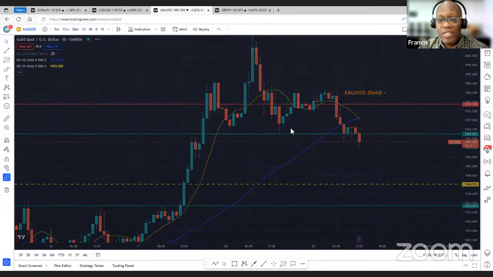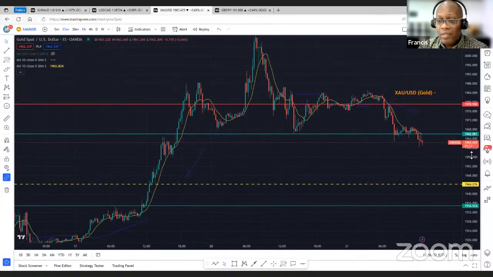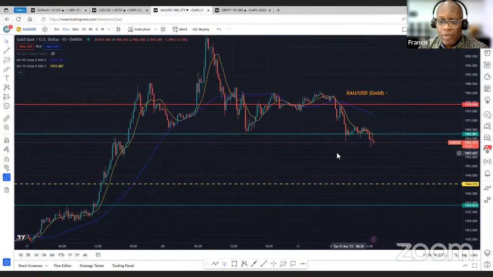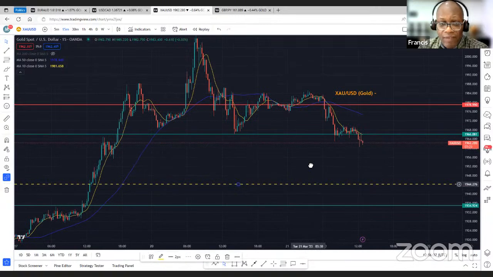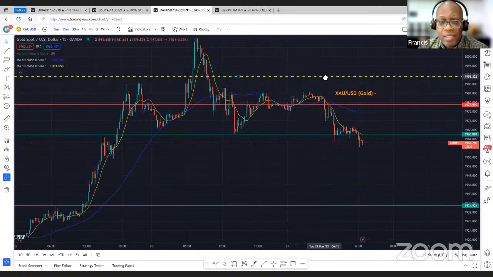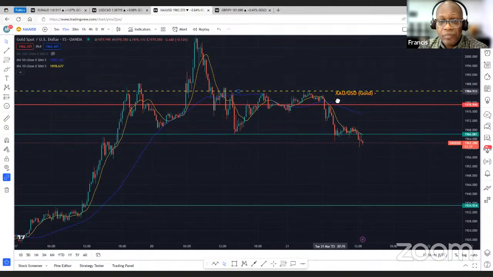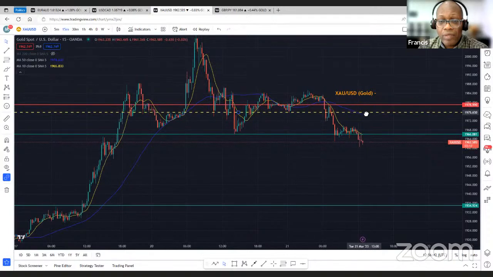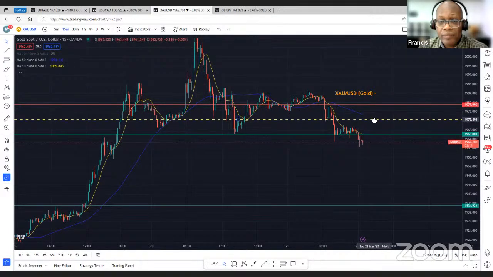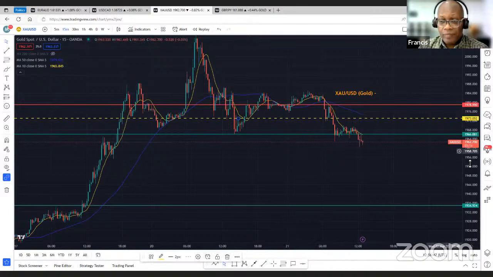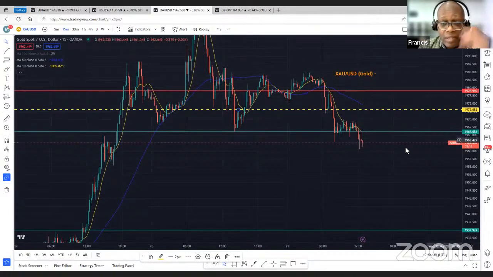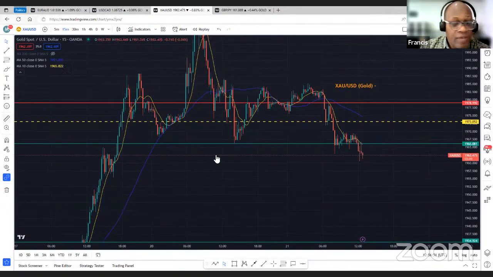Let's go to the 15. Right, okay, where would I have wanted to enter this? I would have loved to enter here, somewhere around here. Is it too late for us? Let's find out.